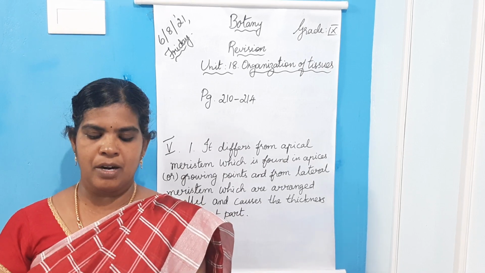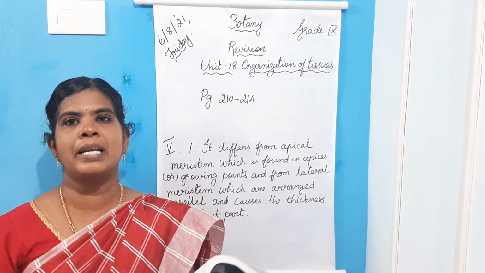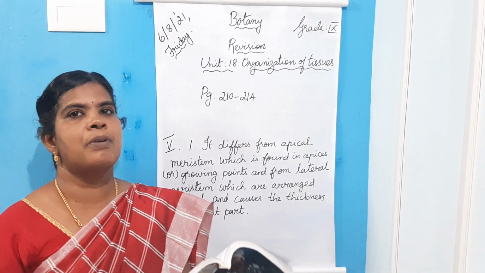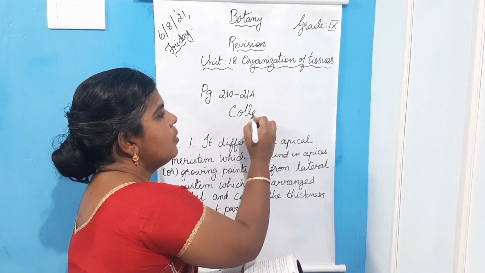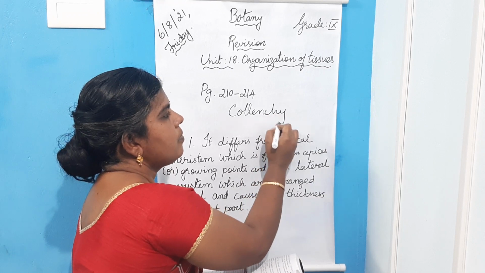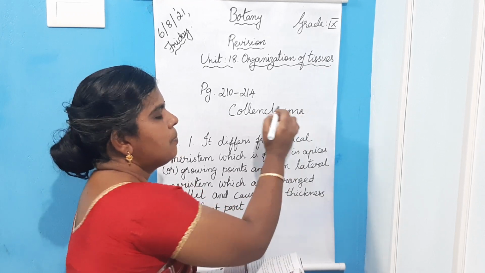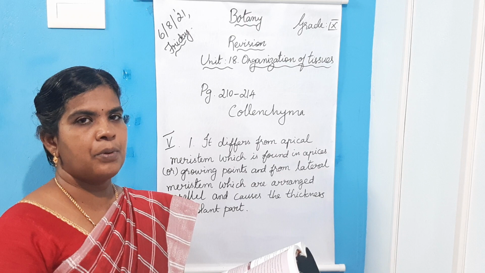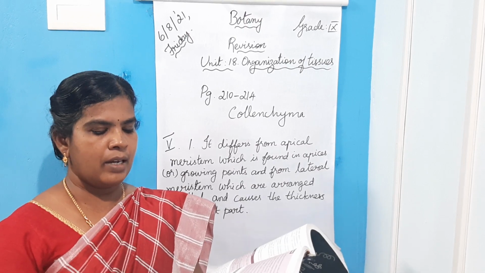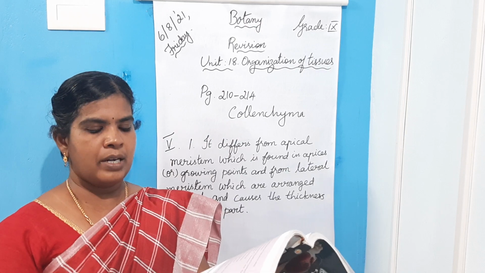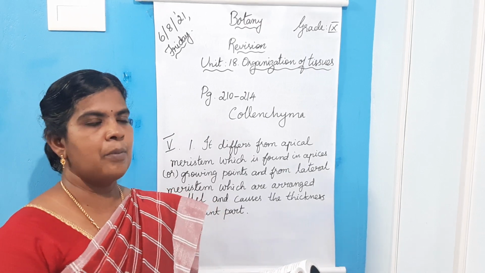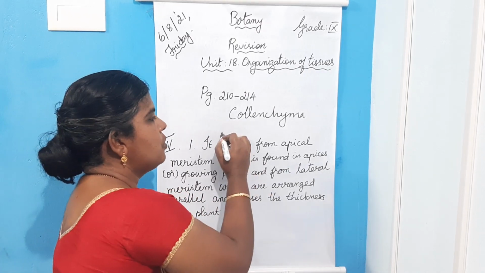Roman number 3, fill in the blanks. Dash tissue provides mechanical support to organs. Collenchyma. Second one, parenchyma, collenchyma, sclerenchyma are dash type of tissue.